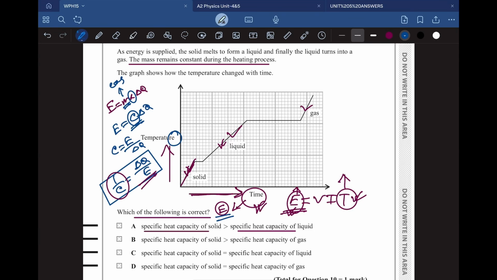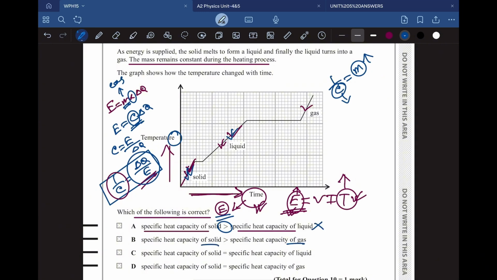As 1 by C is equal to del theta by E, which is the y-axis by x-axis of this graph, we can write 1 by C is equal to m. The gradient of the solid is greater than the gradient of the liquid. If something has a greater gradient, its specific heat capacity is going to be smaller. So the specific heat capacity of the solid will be smaller than the liquid, but here it says the specific heat capacity of the solid is greater than the liquid, so this cannot be our answer.